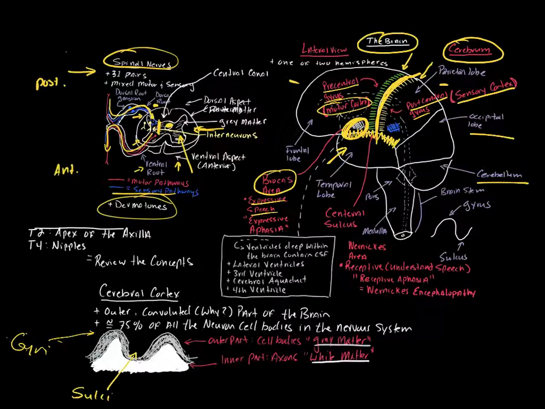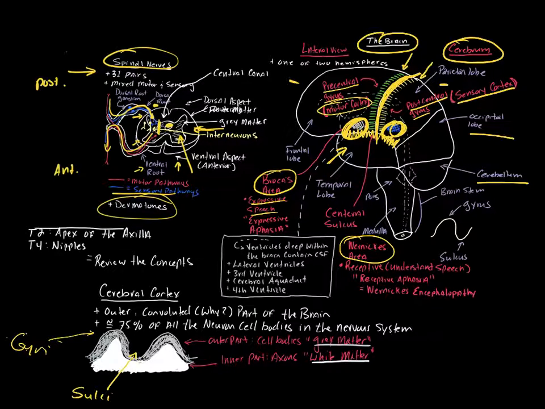Now, there's another area back behind here in the temporal lobe called Wernicke's area. And Wernicke's area allows us to receive speech and understand it. So there's a separate area of the brain. This is weird, isn't it? You'd think speech would occur in the same area, right? No. Broca's area is the ability to express.